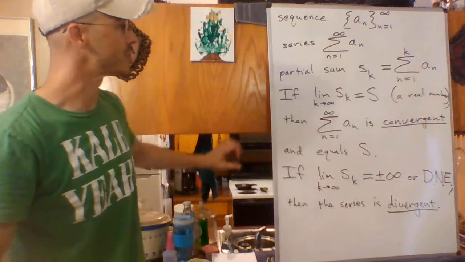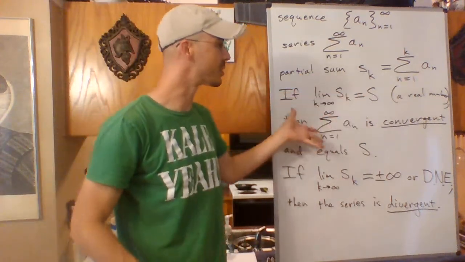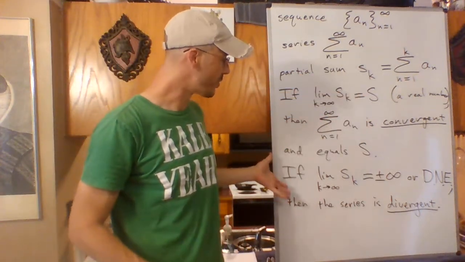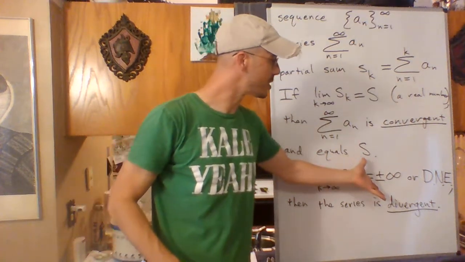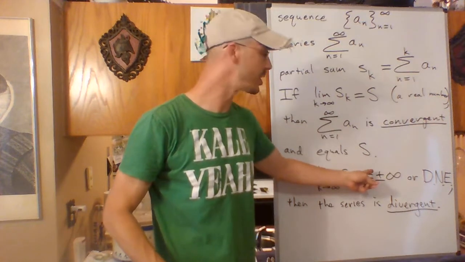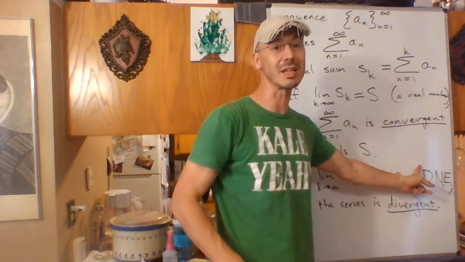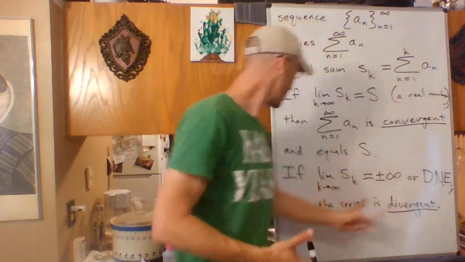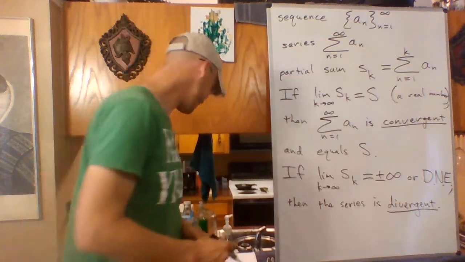So if the limit of partial sums is a number, the series is convergent. That's what it's equal to. If the limit of the partial sums is not a number, positive, negative infinity are not numbers, or if the limit doesn't exist, also not a number, then the series is divergent.